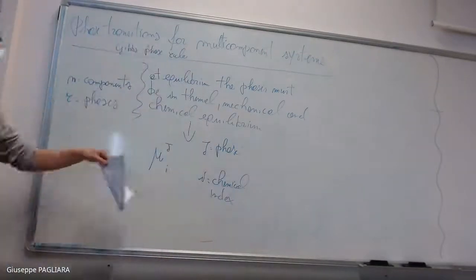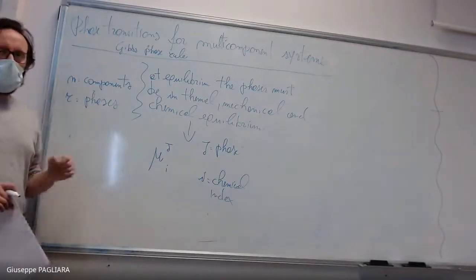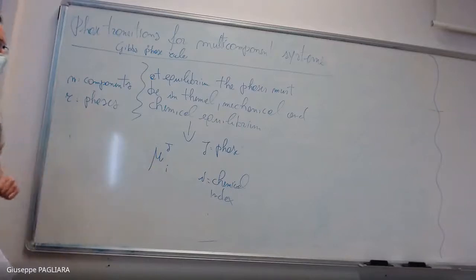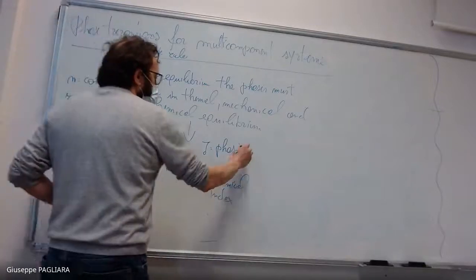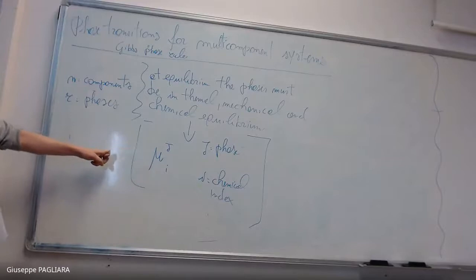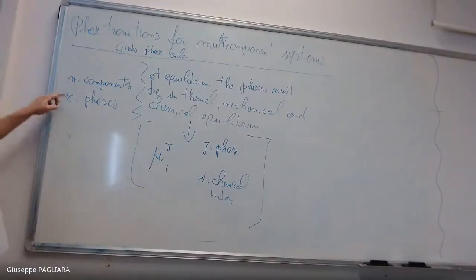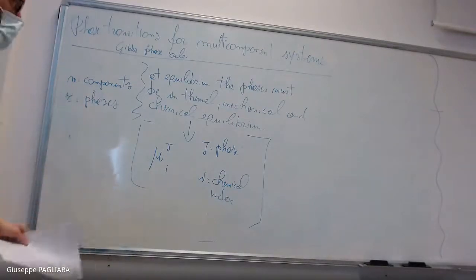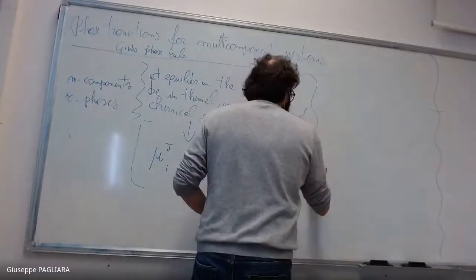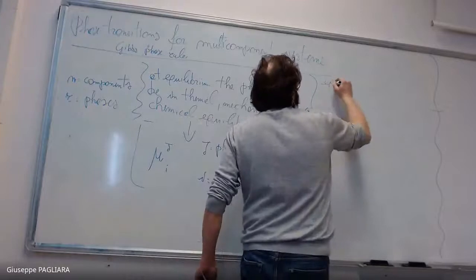So mu_1^1 means phase 1 of chemical substance 1, and so on. So j runs from 1 to r, whereas i runs from 1 to n components. Let's try to write down the equations of chemical equilibrium in the mixed phase.